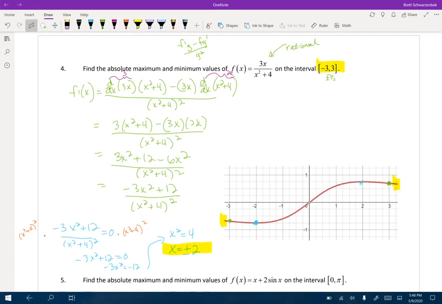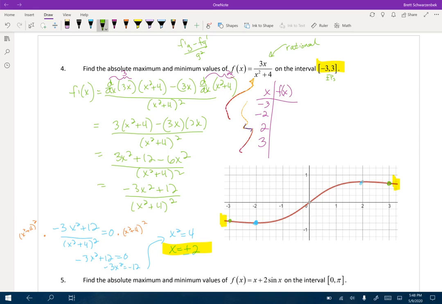So now, like we've been doing, we have to set this up in an xy chart. We'll say x and f of x. So we start at negative 3, we got negative 2, we got 2, and then we got 3. So what do we need to do? Like we've been doing, we need to take these and put them into our original equation up here, and we need to get the points of importance.